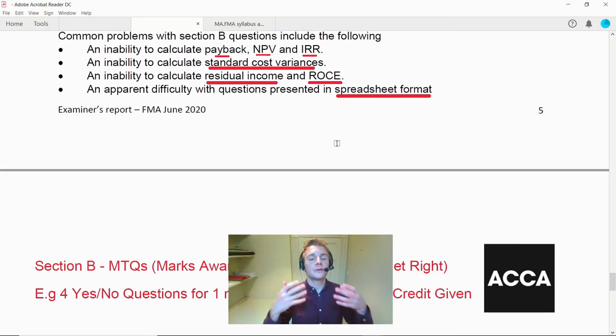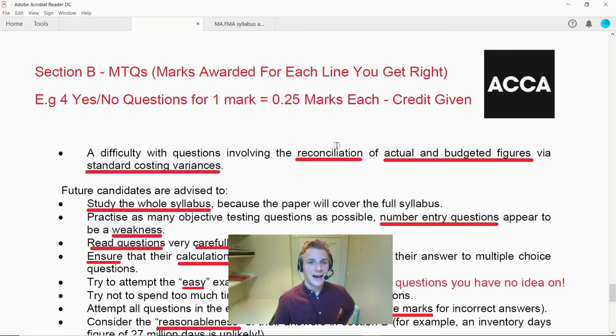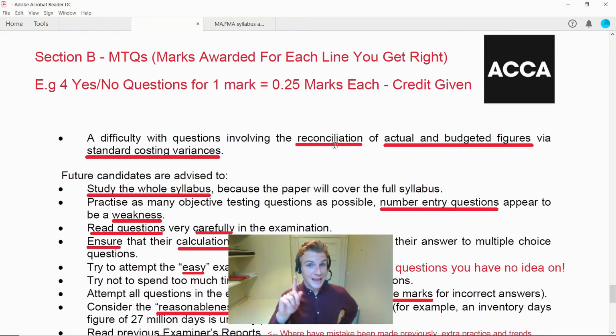So make sure the more you're doing, the better, and give it time. Just keep it going. Get a sheet where if you make any silly mistakes, jot them down, and keep referring back to them so you don't make them again. But they'd be the fundamental areas I would be spending a lot of time on because they will be tested again. They are fundamental to other core areas for ACCA, so you have to know that.